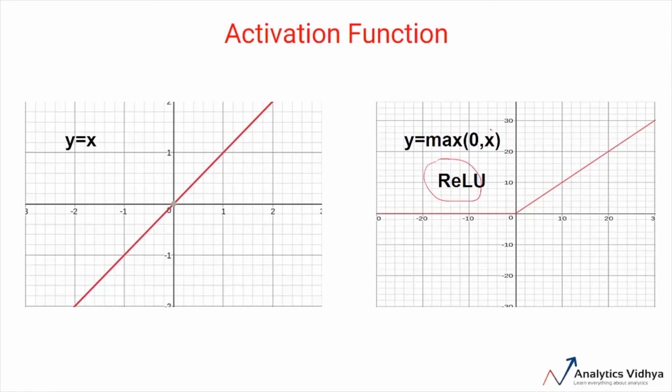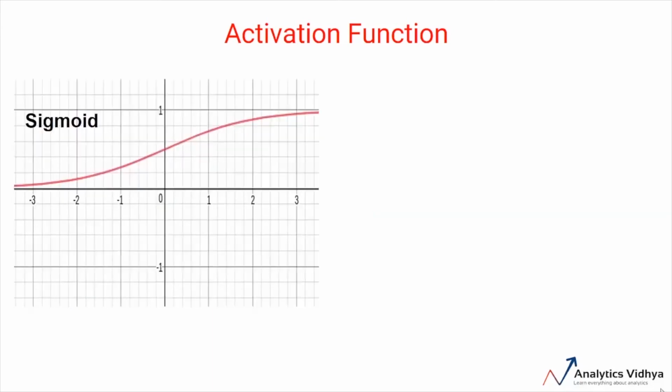Depending on the type of transformation needed, there can be different kinds of activation functions. Let's have a look at some of the popular activation functions. The sigmoid activation function transforms the range of combined inputs to a range between 0 and 1. So for example, if the output is from minus infinity to infinity, which is represented by this x-axis, the sigmoid function will restrict this infinite range to a value between 0 and 1.